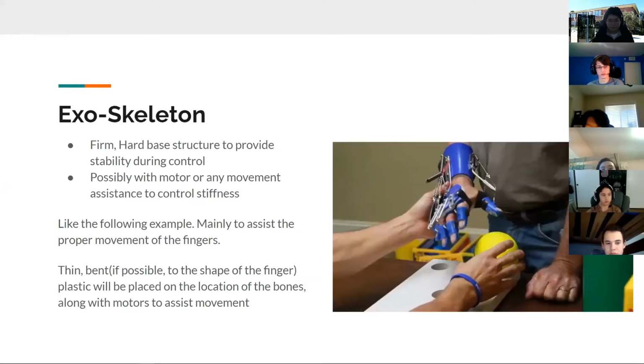Alrighty, take it away. Okay, so it's another exoskeleton design that you'll probably put on as gloves, but instead of strings or rubber bands, I'm thinking of using some kind of motors to control and assist your finger movement.